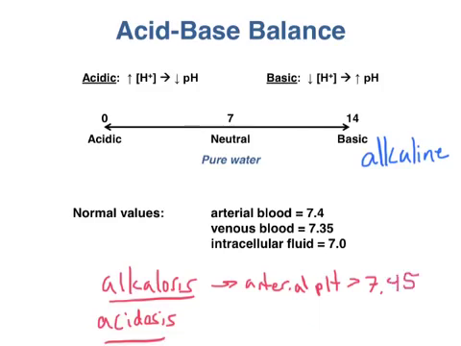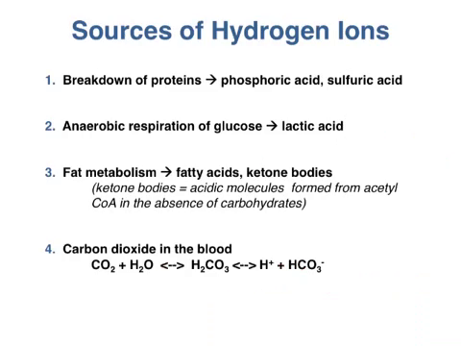Acidosis is when the arterial pH is a little on the low side, when the arterial pH is less than 7.35. Now, remember, pH depends only on free hydrogen ions. Hydrogen that is bound up with other molecules doesn't affect the pH.